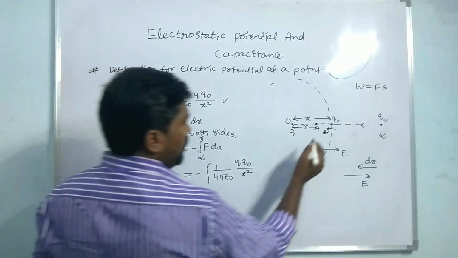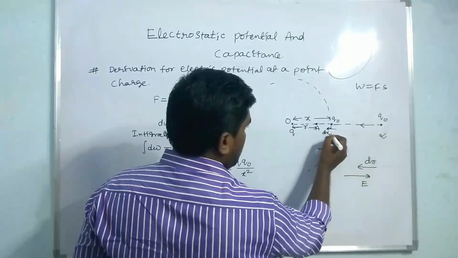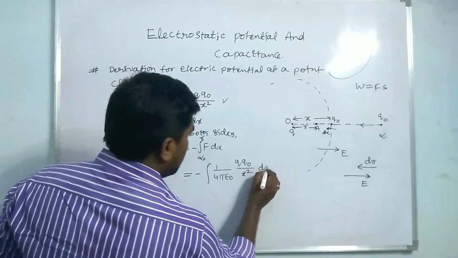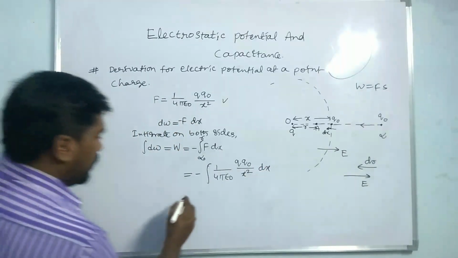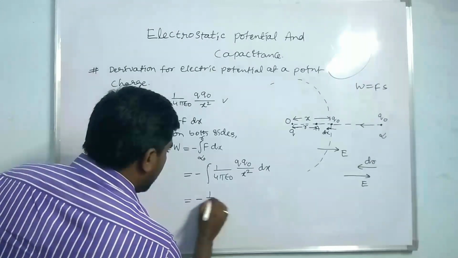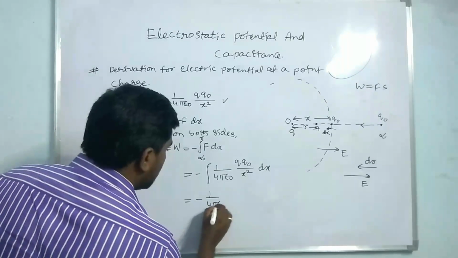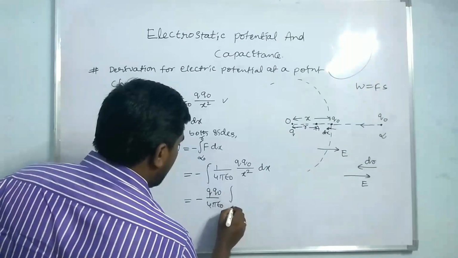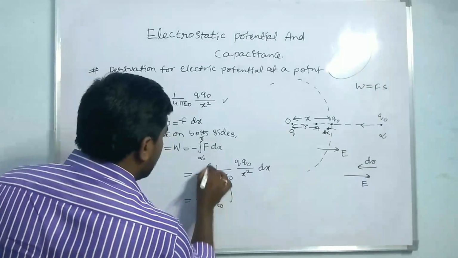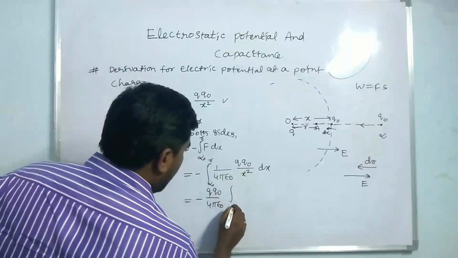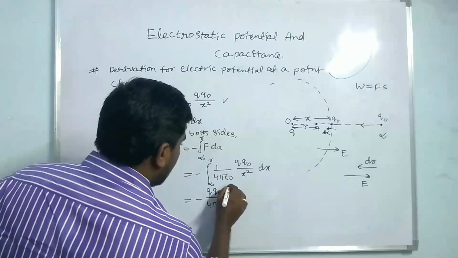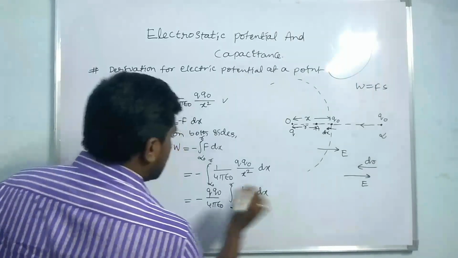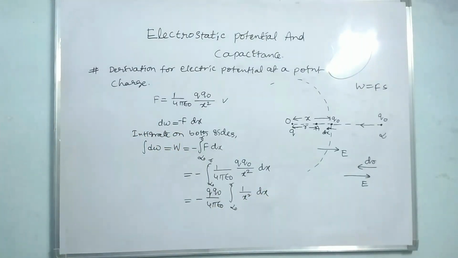Taking out the constants, we get Q naught by 4 pi epsilon naught times the integral from infinity to R of 1 by x square dx.